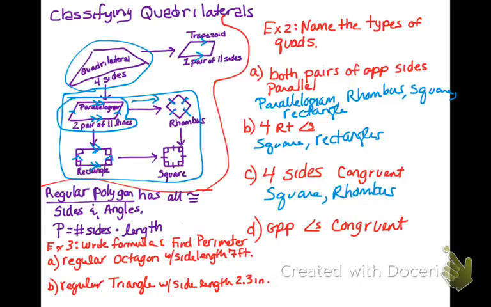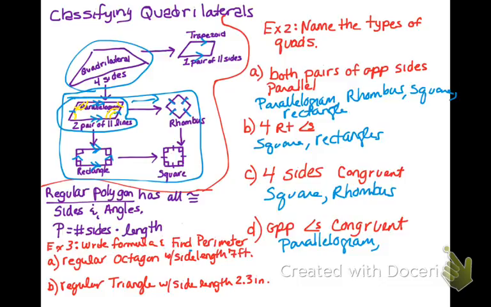Okay, opposite angles are congruent. So they're saying that these two on a parallelogram, I'm going to show you using yellow, these two are equal to each other, and these two are equal to each other. So if in a parallelogram opposite angles are congruent, tell me all the rest of them.